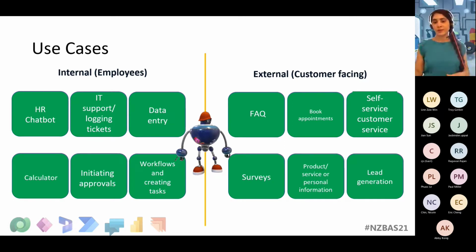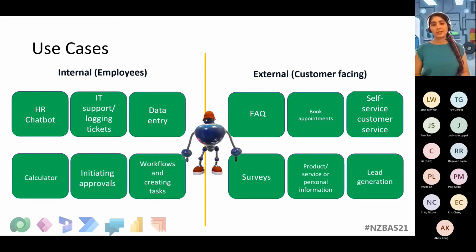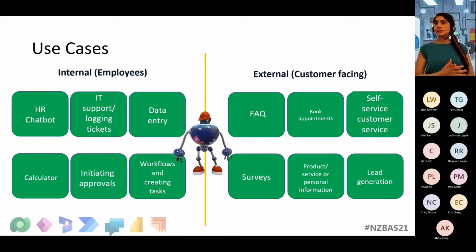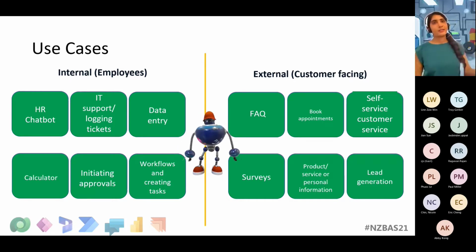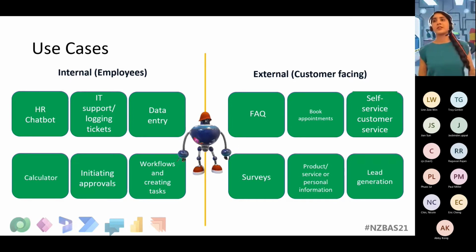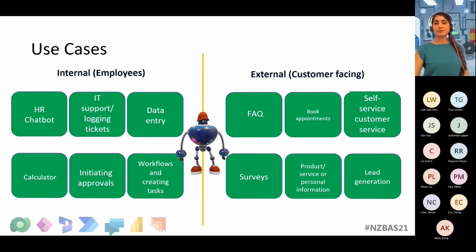You go on a hairdresser website, and then rather than picking up the phone and checking if they're available, you can just use the bot to automate all that and book your appointments. Self-service, so giving people the opportunity to find their own answers rather than calling an agent to ask about it. Surveys and lead generation are some other great ideas as well.